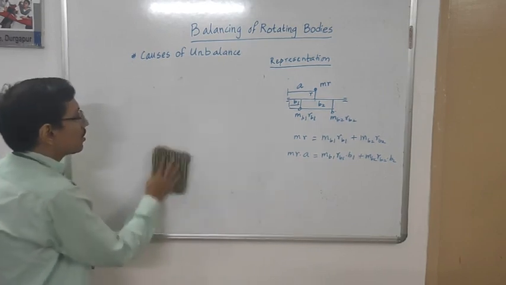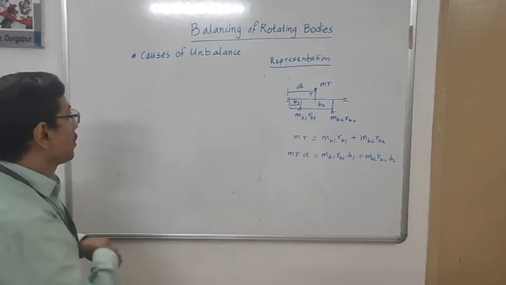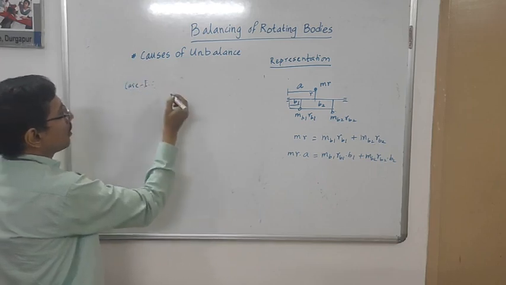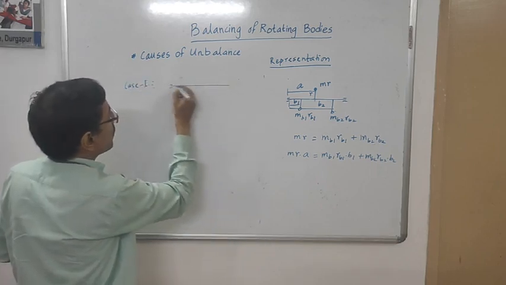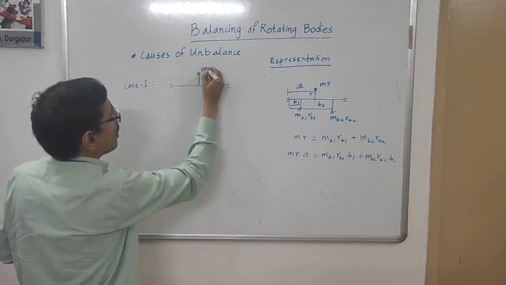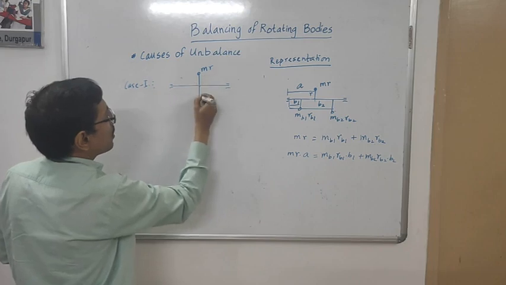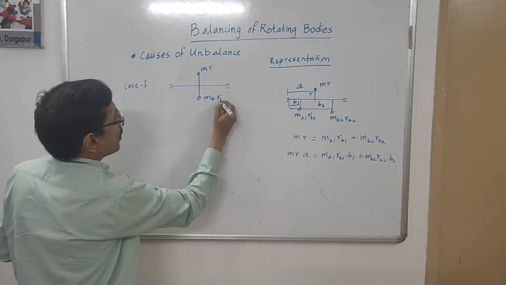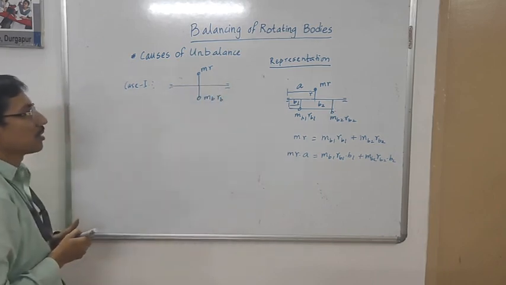So we start with case 1. What we observe is that we have only one unbalanced force, say MR, and we balance it by putting balance mass MBRB. So this is one case.